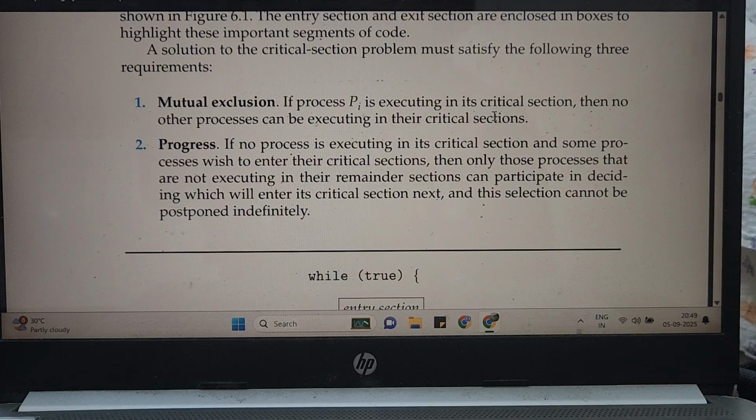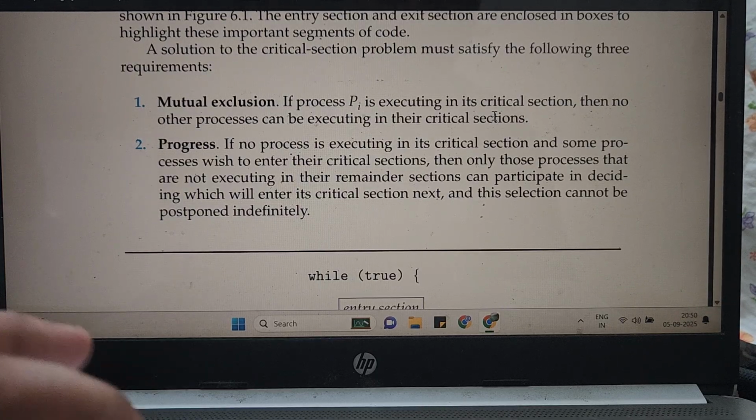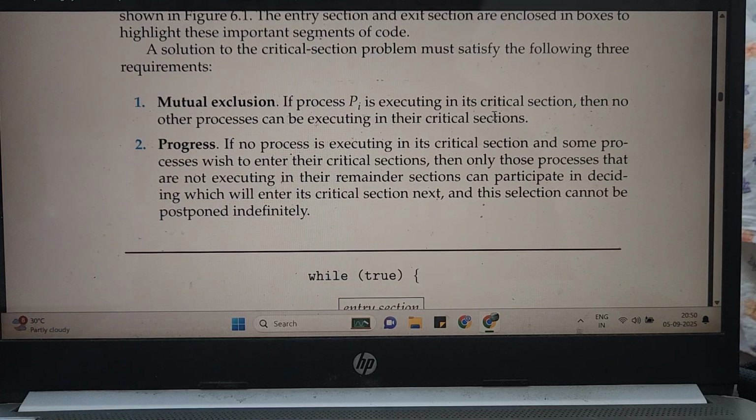This is exactly what I mentioned. Note that we are looking at processes which work with the same data. If 2 processes are dealing with different data sets, then they are free to run in parallel. No problem is going to come up. If 2 or more processes are working with the same data, and one of them is executing the critical section, the others must not be allowed. That is the mutual exclusion condition.